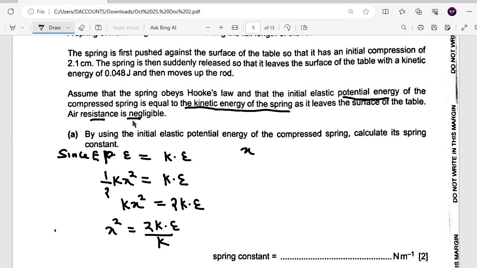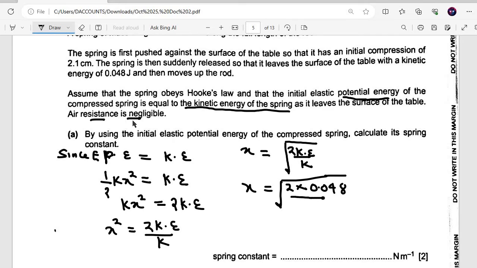So x, this compression or extension, is the square root of 2KE over k. KE is 0.048. Oh no, I'm looking for the spring constant. I'm supposed to make the spring constant the subject of the formula.